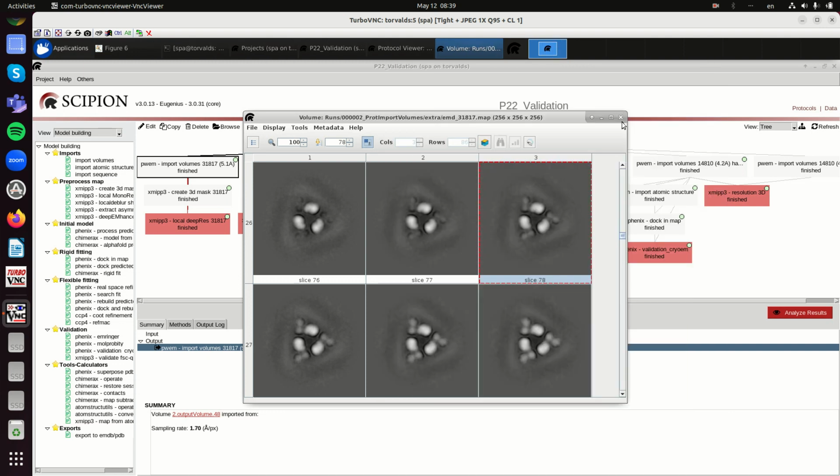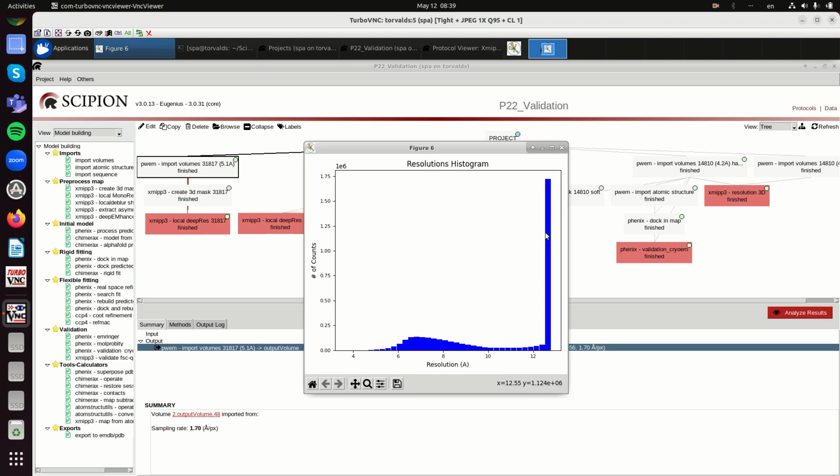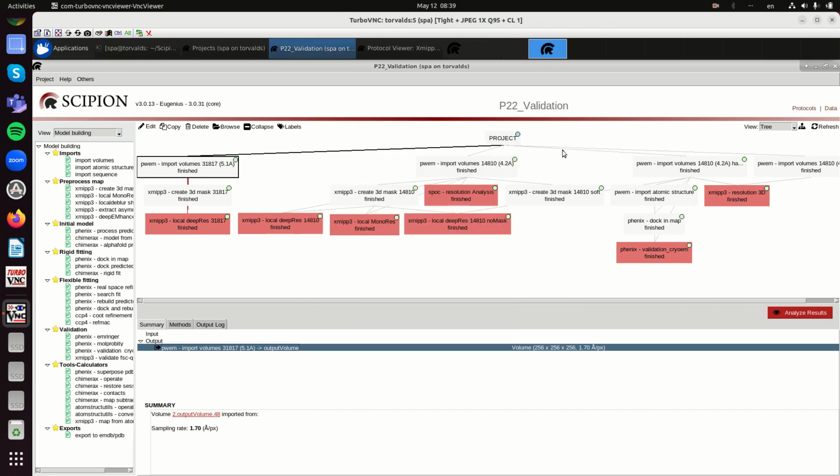So here the histogram says it is 12 something or even 13 something, so it is very low resolution. There is some peak around 7, but this is not coming from the structure, but from these artifacts around. So don't believe blindly the 5.1 angstrom FSC resolution. Okay, so this is one.